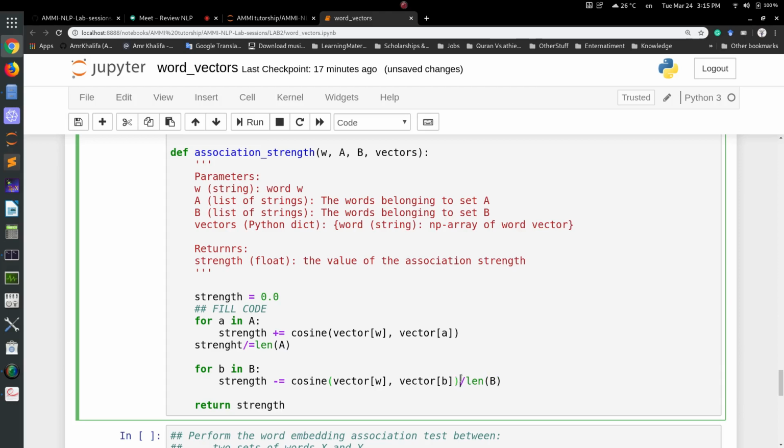I couldn't divide by the length of B outside because I would divide the entire strength variable.